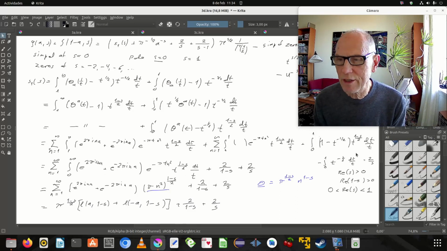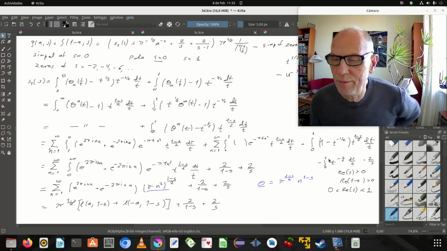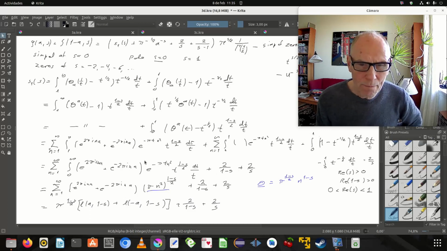And then this integral, when the real part of s lies between naught and unity, both can be computed to give this. And then we use the same formula.